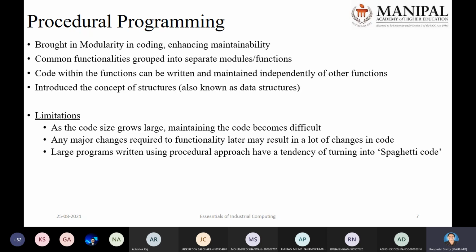These problems will not occur generally when the program is small, but when the program is large, imagine an online banking system, and a function has been called in so many other places, then a major change you apply on a function may result in a lot of changes in the remaining part of the code.